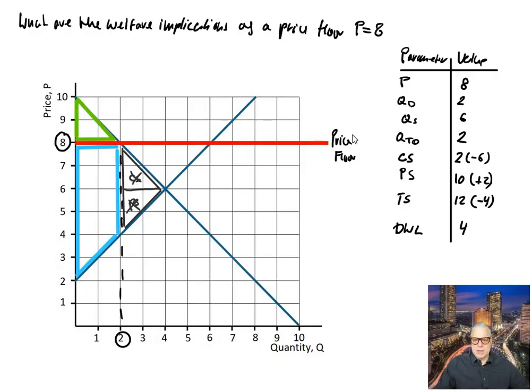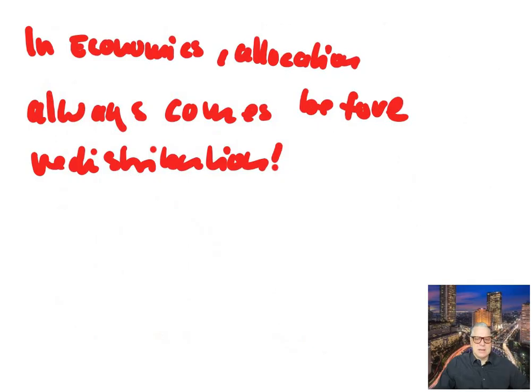A price floor can accomplish that, but it's not the most efficient solution, because in order to do so, what the producers gain is much less than what the consumers lose in absolute terms.